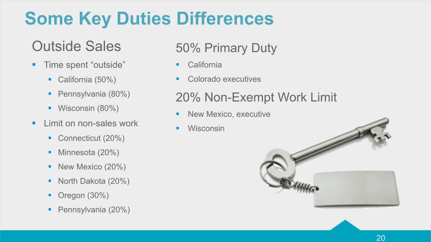All of you that have employees in California, you're already, I'm sure, well-versed and well aware of the differences in California, that although I also spent a slide talking about primary duties and that it's not always indicative of spending 50% or more of your time on a duty under the federal test.